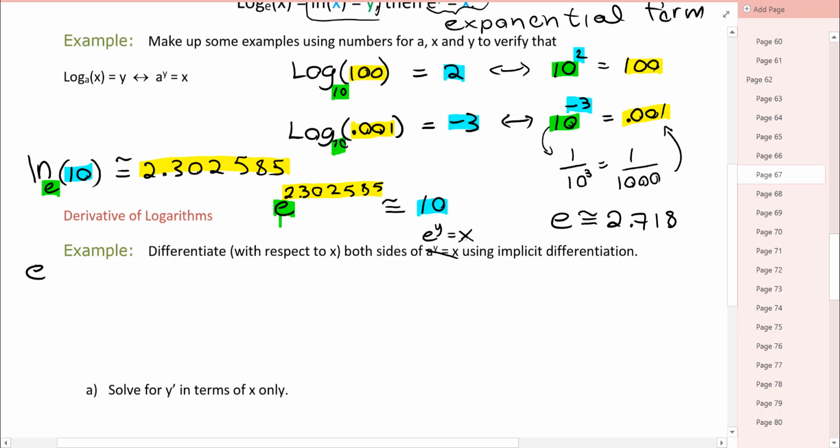So if e to the y equals x, that's the same as saying that the natural log of x equals y, right? Wait a minute, have I got that right? Yes, I have that right.